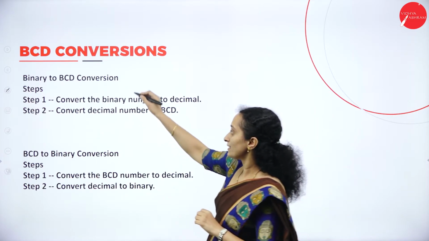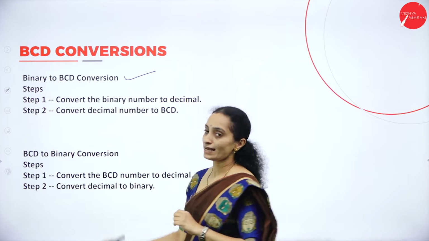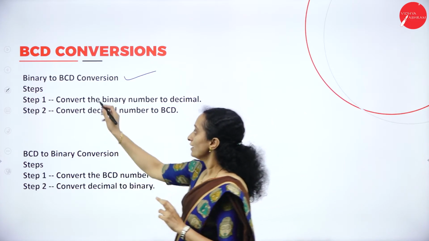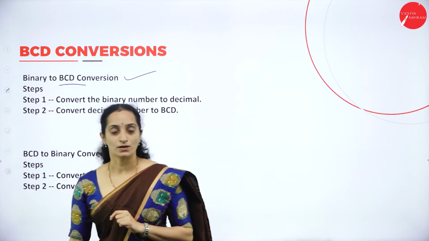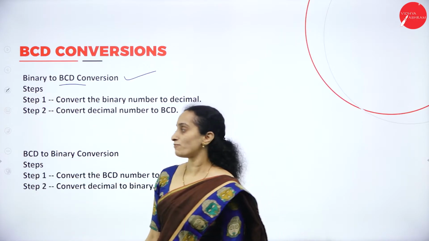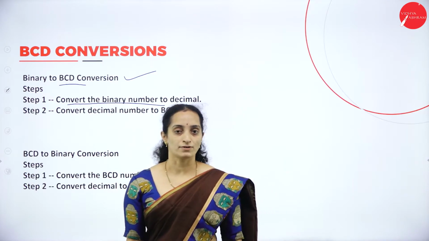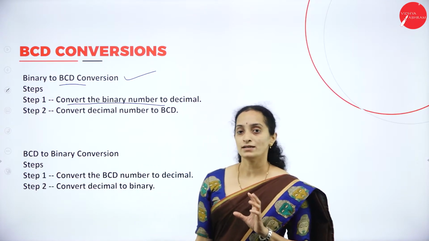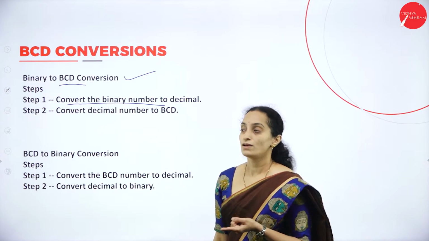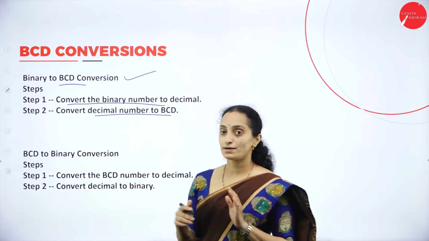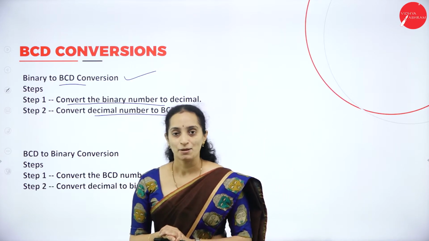The first method is converting a binary representation or binary data to a BCD form. What are the steps? First, you have to convert the given binary number to decimal. Once you convert this to decimal, the decimal number can be represented as BCD.